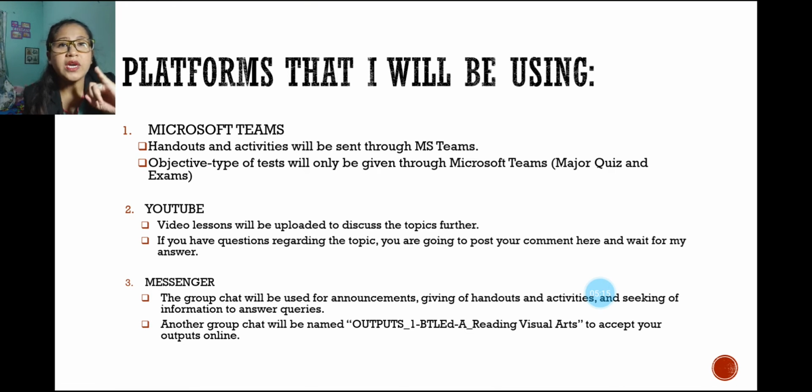One is merely for our communication, and then another one is for your outputs. So in your Outputs GC, no one will be sending a message unless it's really important, and you're just going to submit your activities on the time that I have given you.